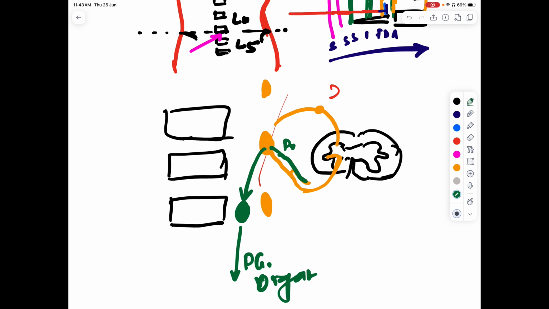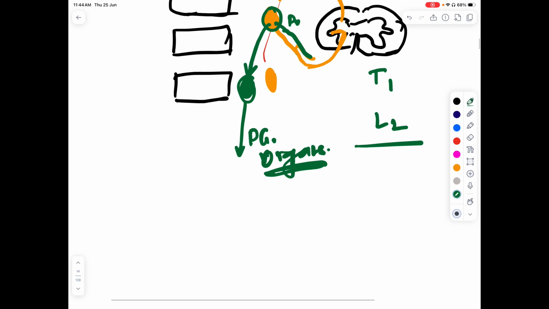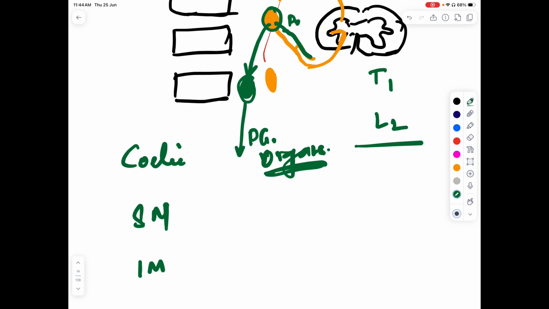Sympathetic supply is from T1 to L2 level. There are two ganglia: one is the intermediate sympathetic ganglion. The ganglia are celiac, superior mesenteric, and inferior mesenteric. They supply the esophagus, stomach, abdomen, liver, and all the way to the kidneys, ureter, sexual organs, and so on.